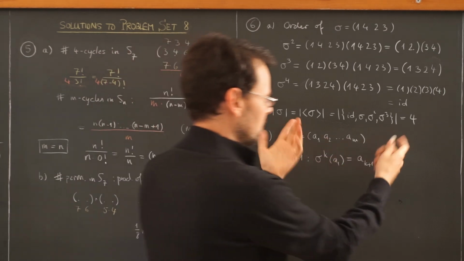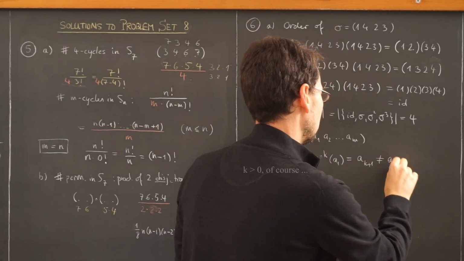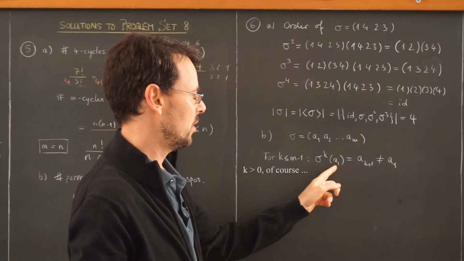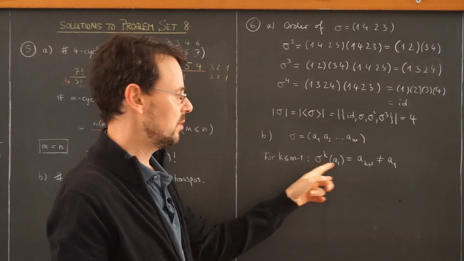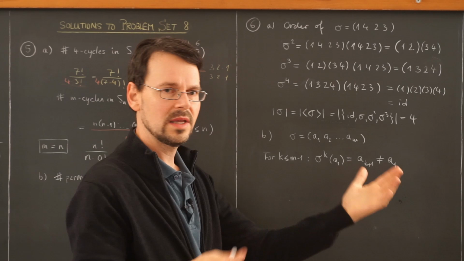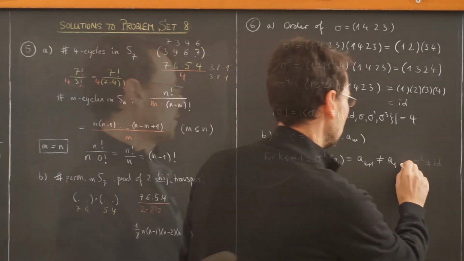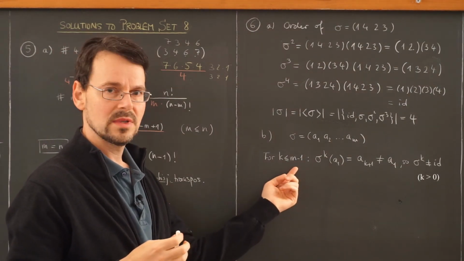But those are obviously distinct. So this here is not the same as a1, and this already means that this cannot be the identity, because the identity would leave all the elements fixed, but it doesn't leave a1 fixed. So sigma to the k is not the identity for all those numbers here.